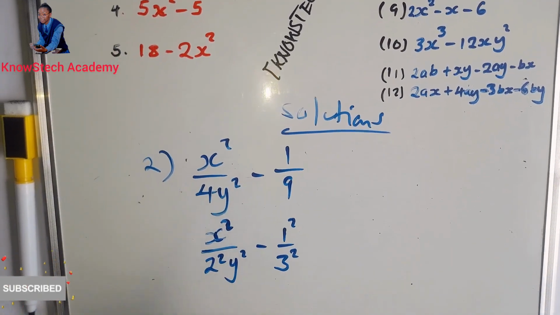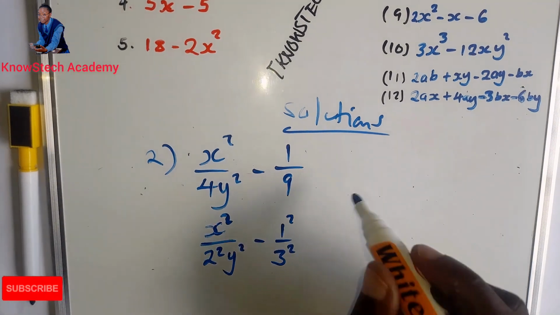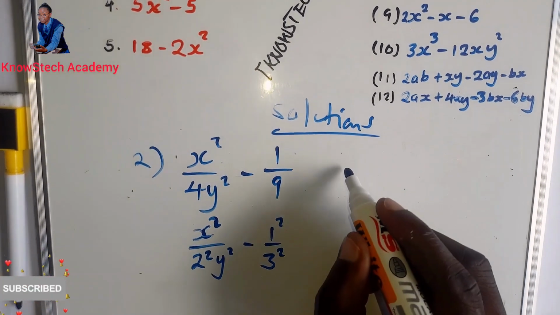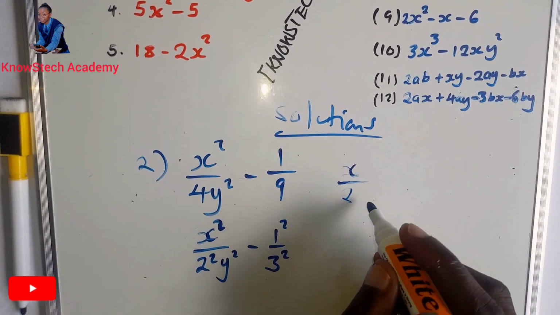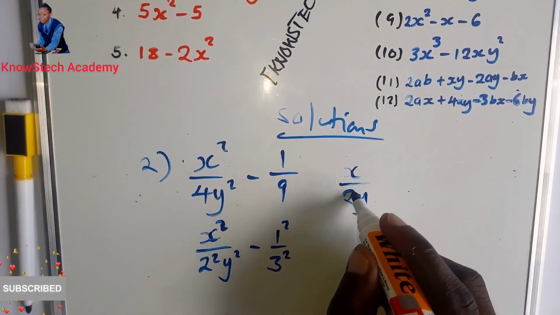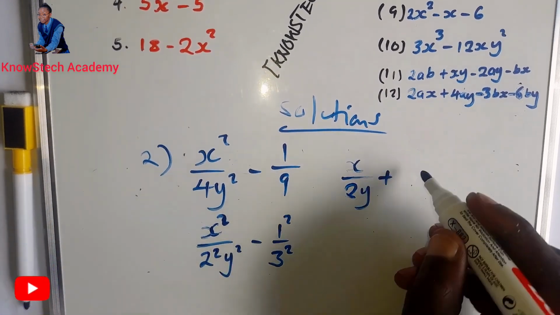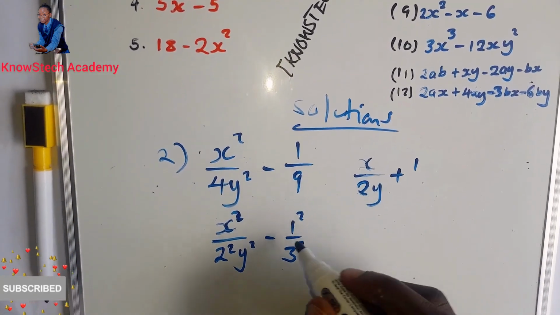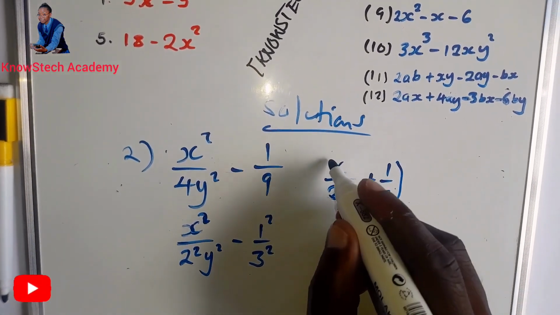is squared. So what you do, you write one of the x's here, which will be just x, over one of the 2's, like this. Then we are going to use plus, and then write one of the 1's here over 3, like this.